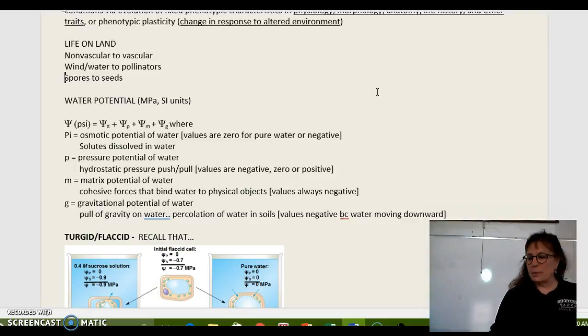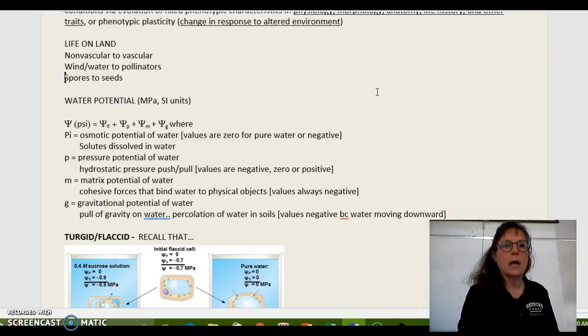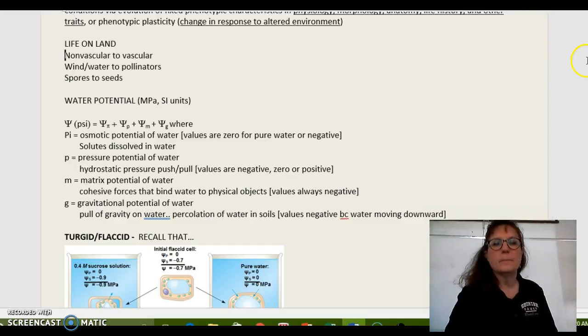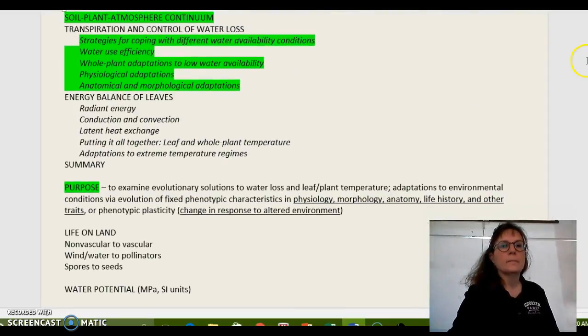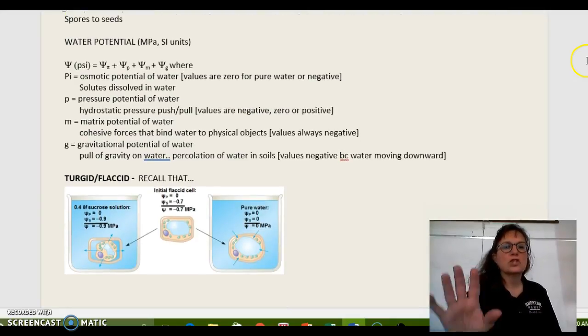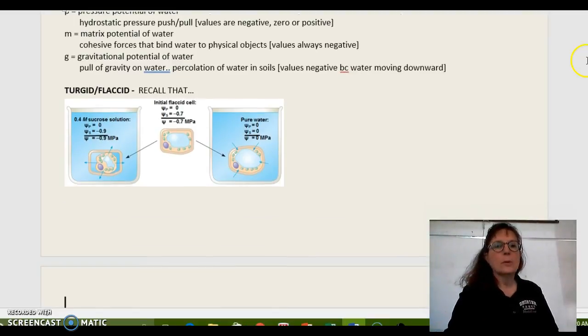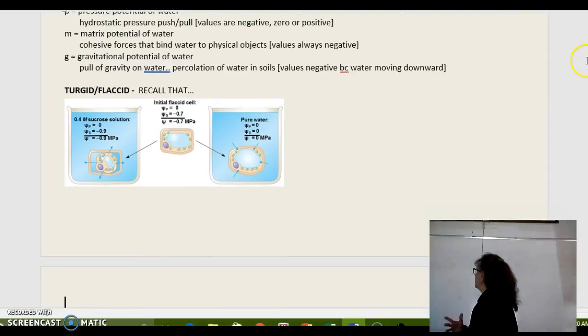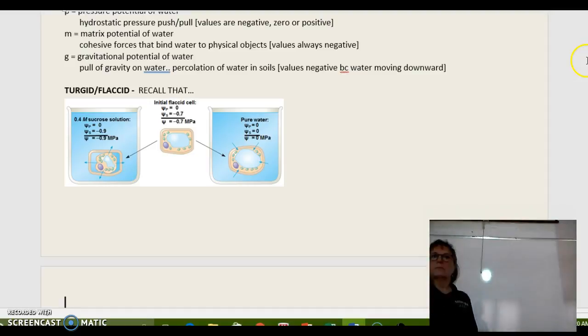So when we got into chapter 3, we were talking about some terms such as turgid and flaccid, and we looked at what happens when you put a cell into different solutions.